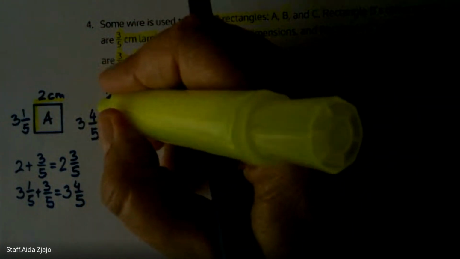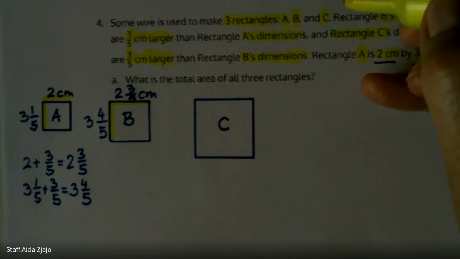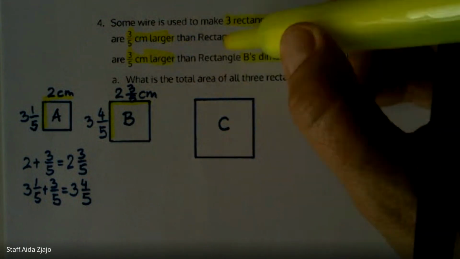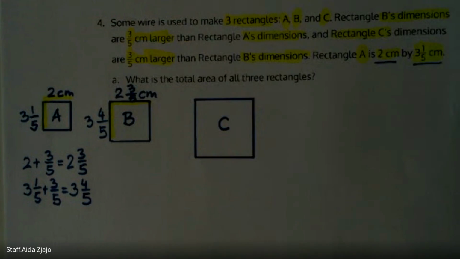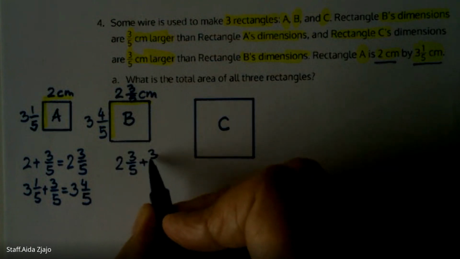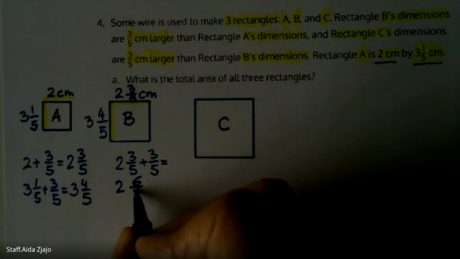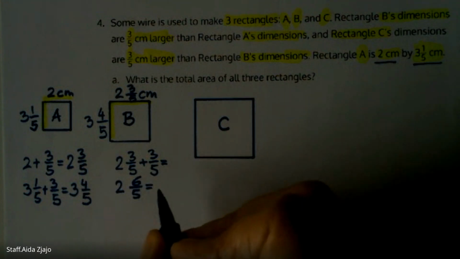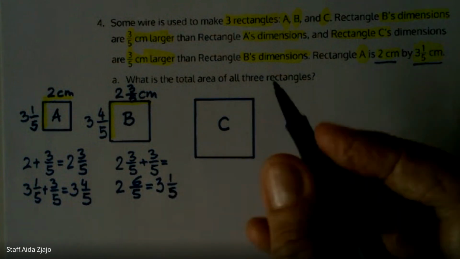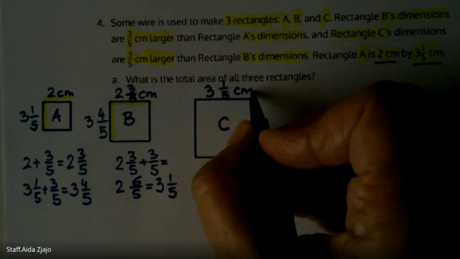So now I know the length for B. Now C is 3/5 larger than rectangle B. So now I have 2 3/5 plus 3/5 equals 2 6/5, which is 1 whole and 1/5, so it's 3 1/5. So this one is 3 1/5 centimeters.